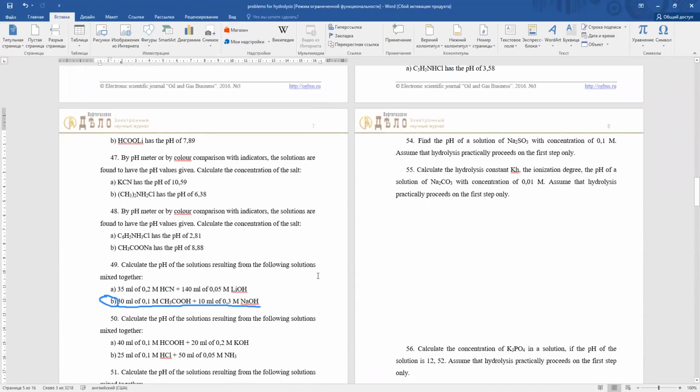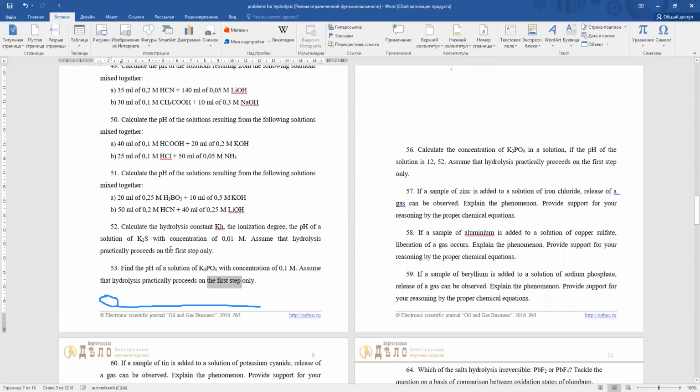Here, the problem intends that you should only use the first step, because these salts can hydrolyze in 3 steps. This one is a 2 step, because the residue of the acid contains multiple hydrogens.